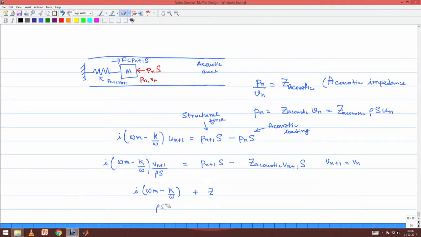So, plus Z acoustic into S, and all this should get multiplied with Vn plus 1 and that should be equal to Pn plus 1 into S, right. If I divide throughout by S, then this S and this S will cancel and I will get a rho S square here, right.